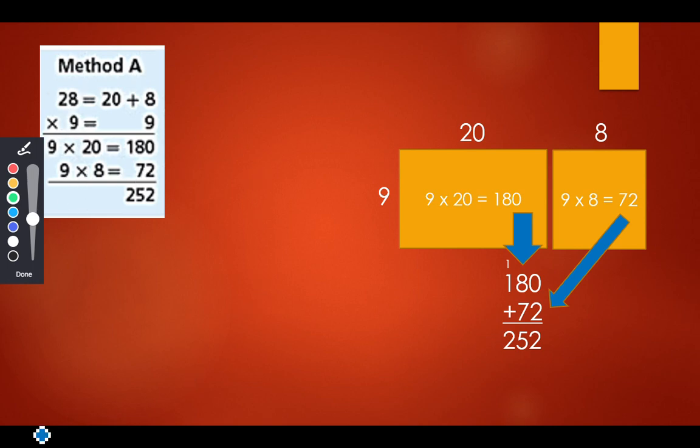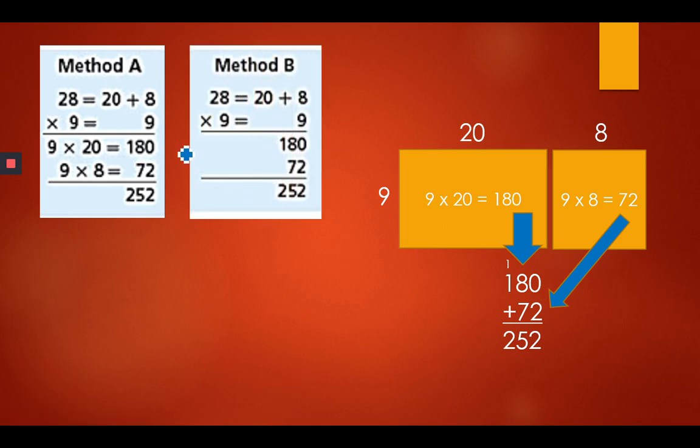So now we're going to move to our next method, which looks very much like method A, except you can see that I haven't written down this little bit of multiplication.